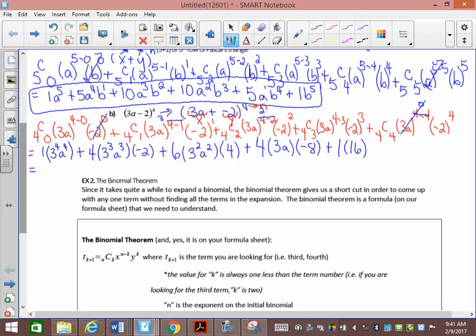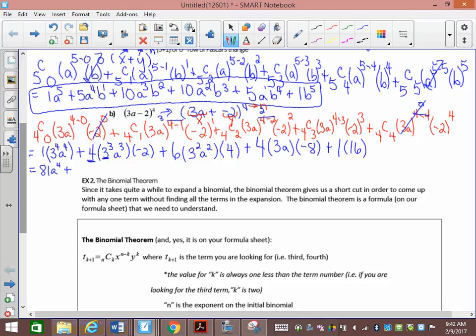Now we have to put all coefficients together. What's 3 to the 4? 81, I think. So we're going to go 1 times 81 is 81 a to the 4. Plus, now all the coefficients together.